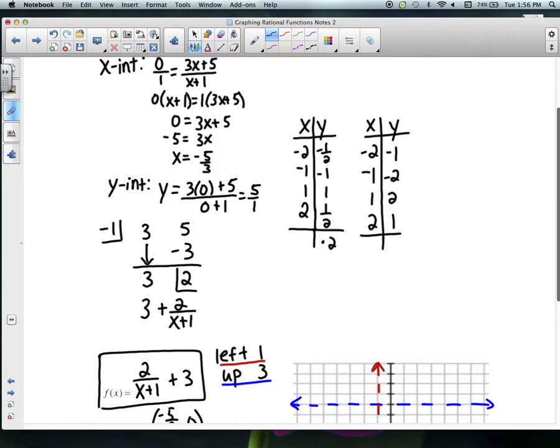And then because we're going left 1 and up 3, we're going to subtract 1 from the x, add 3 to the y.